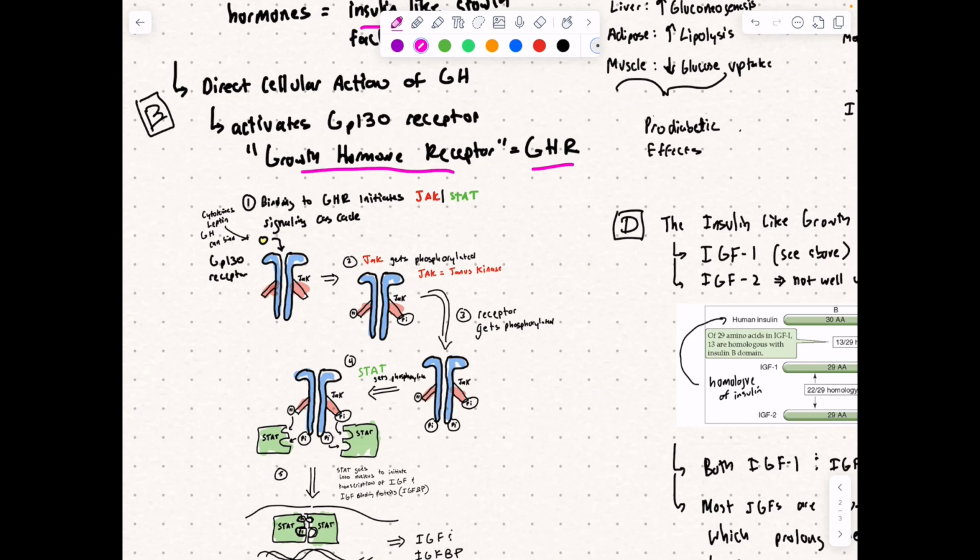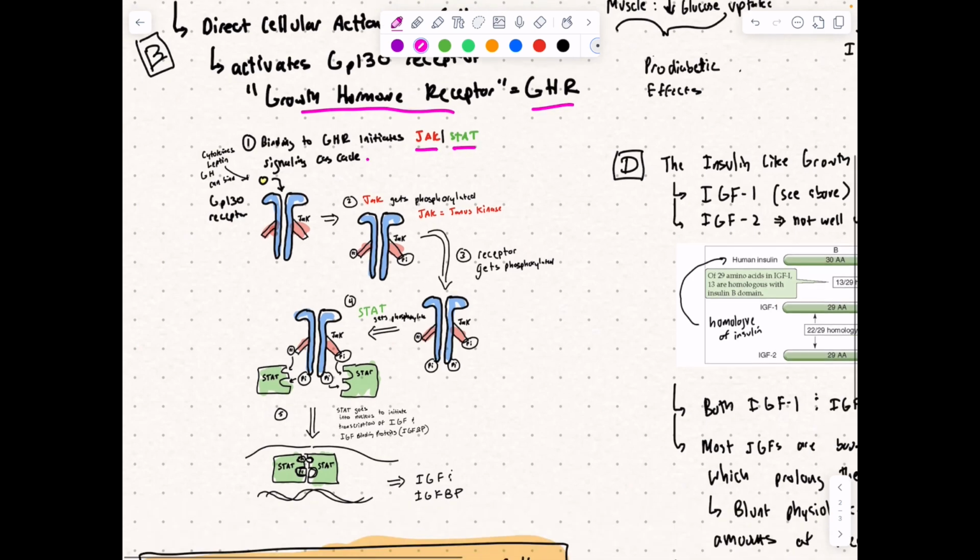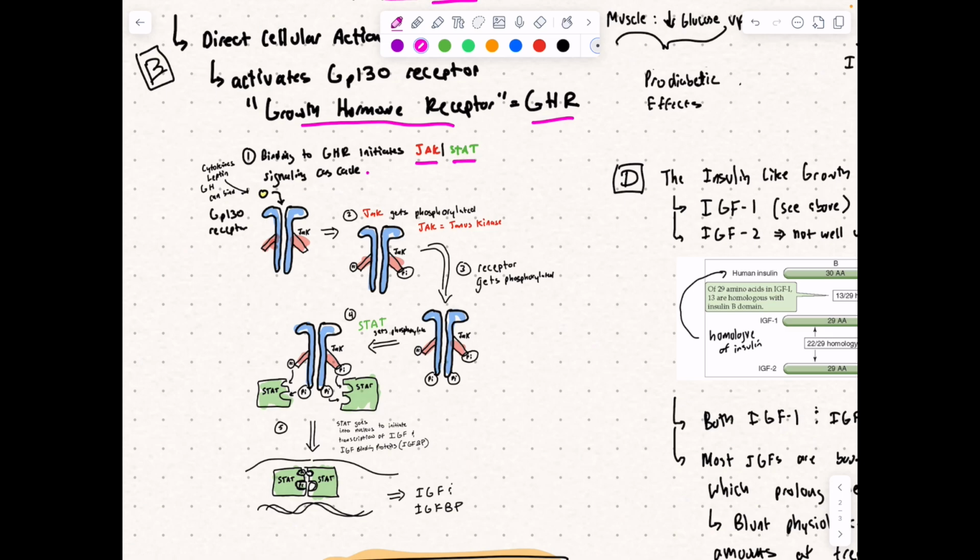It's going to initiate this JAK-STAT signaling cascade, and JAK stands for Janus kinase, and STAT, we'll come back to that in just a second, but basically our growth hormone binds to the receptor, and we were told in class that cytokines and leptin can also bind to this receptor, so they're similar in shape. And then JAK gets phosphorylated, which you can see here. And then the receptor itself gets phosphorylated.